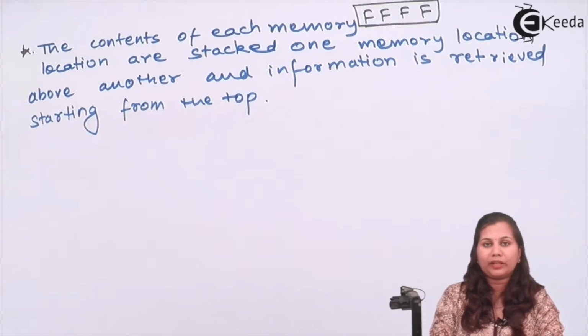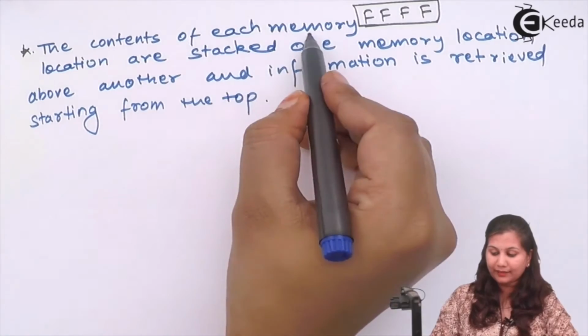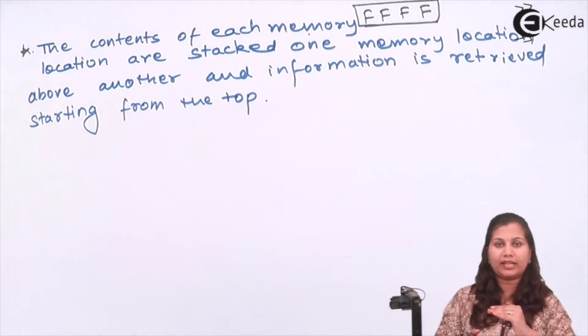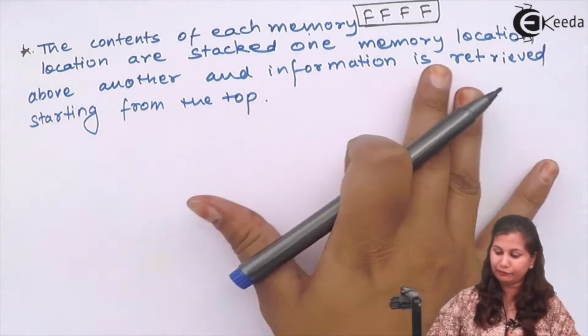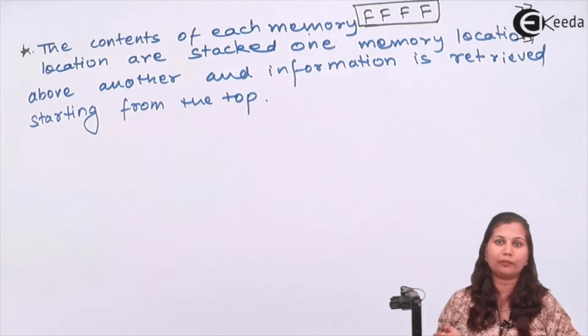This group of memory locations is called stack because the contents of each memory location are stacked over one another, that is, put over one another, and the information is retrieved starting from the top.